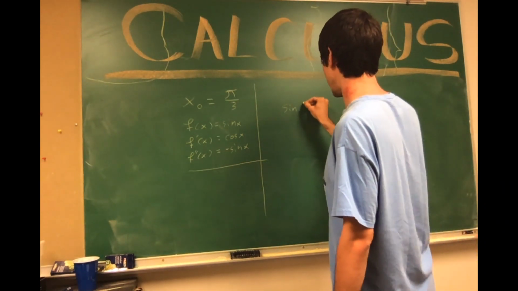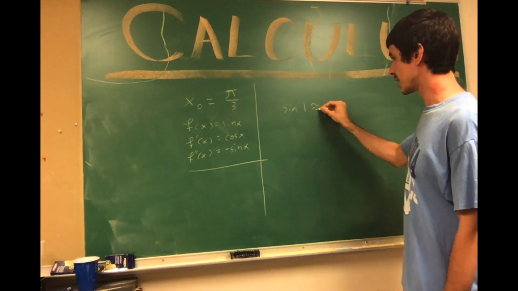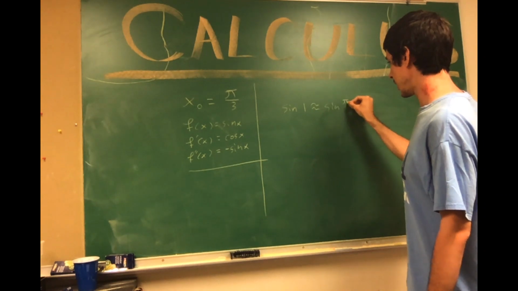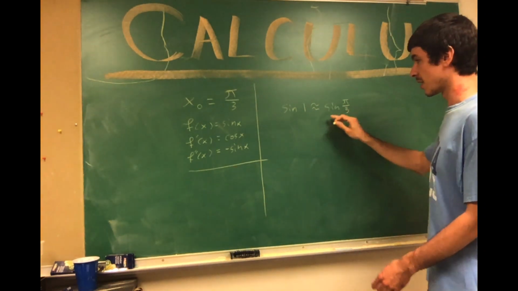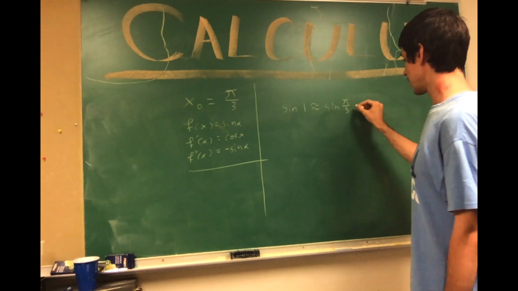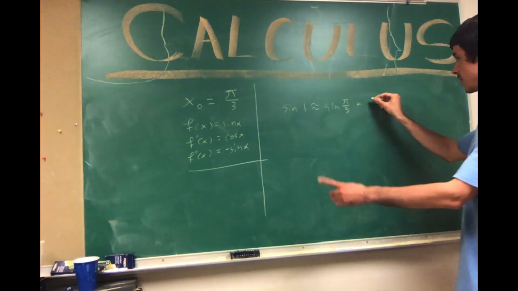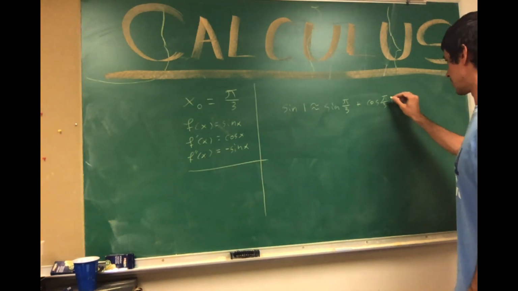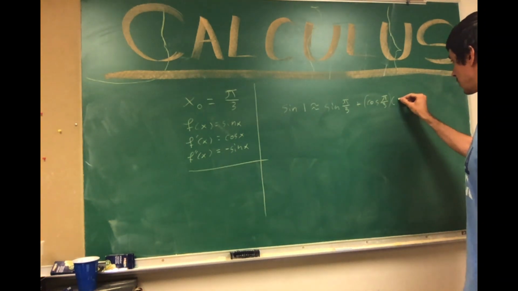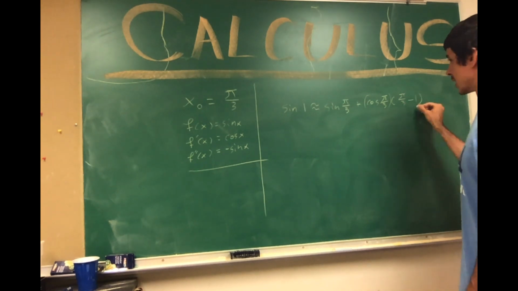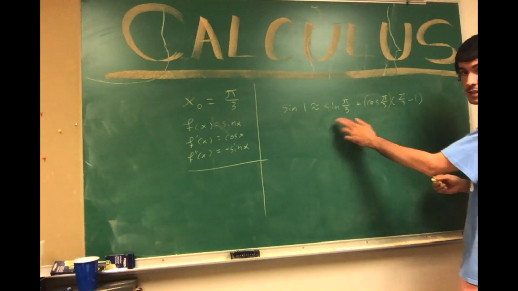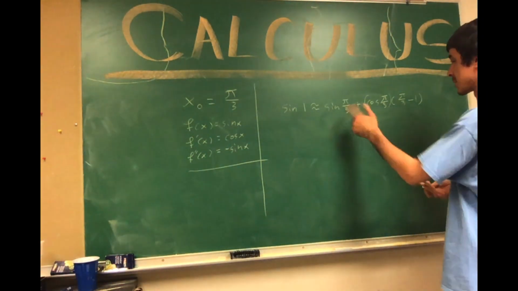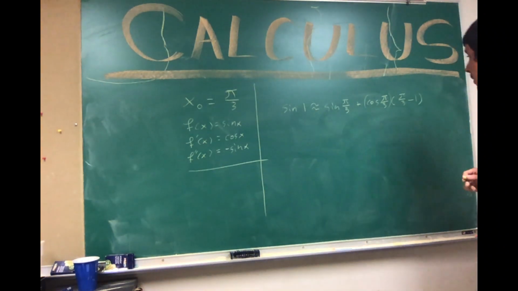So sine of 1 is approximately equal to sine pi over 3, this is f of x0, plus cosine of pi over 3 times pi over 3 minus 1. This is the approximation that you probably would get on your homework, unless you approximate from pi over 4, which is also legitimate.